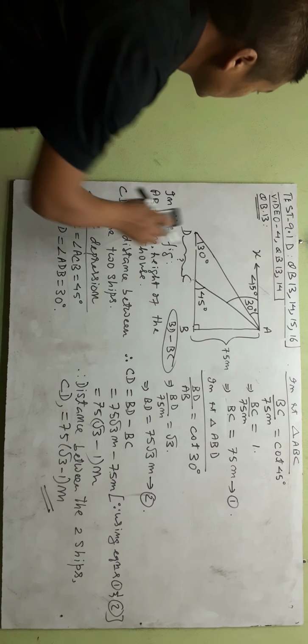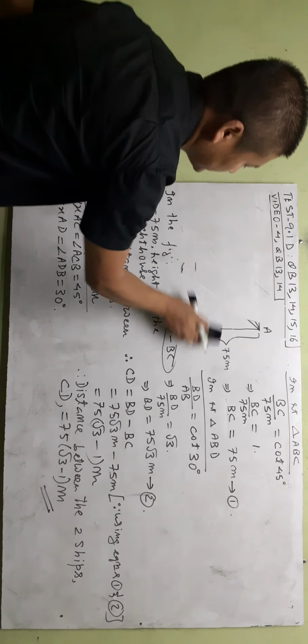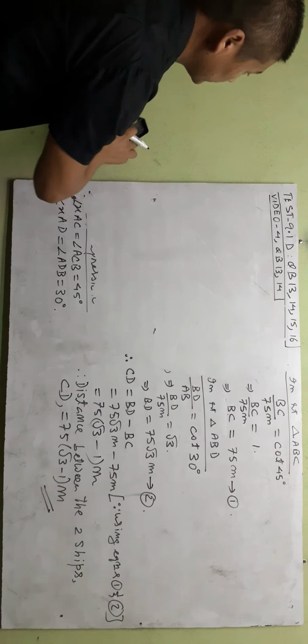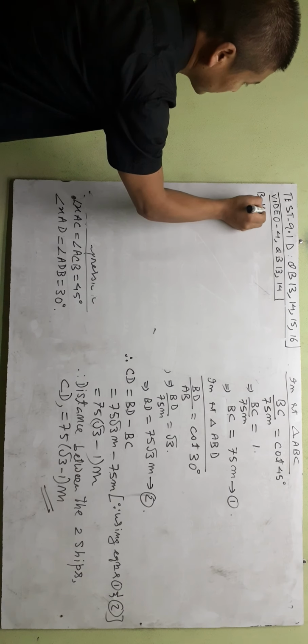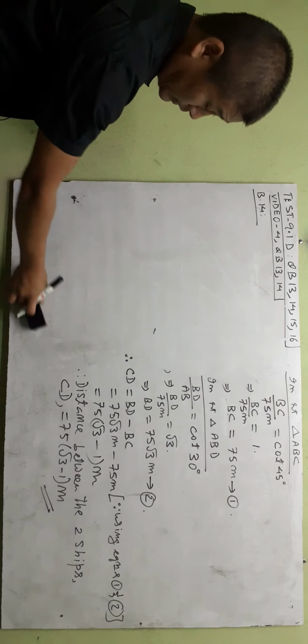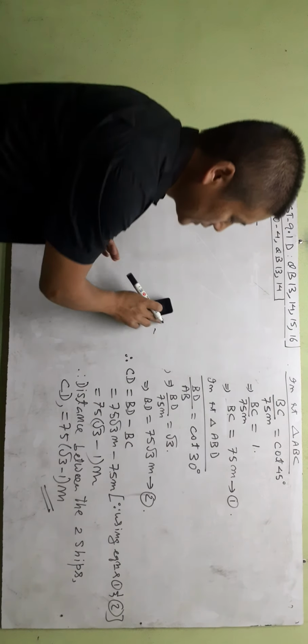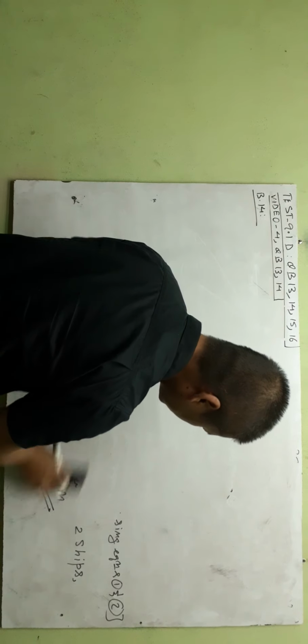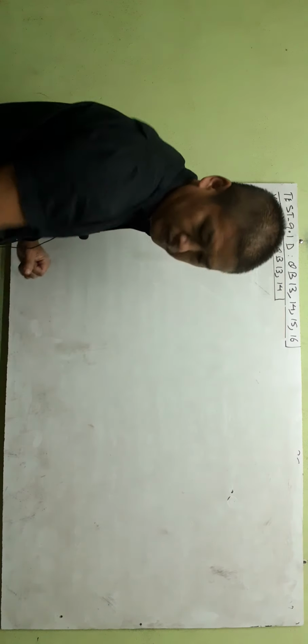So here next we'll go to B14. Now B14 looks complicated and long, okay, but it is quite simple if you think carefully. So listen carefully to the video. So here let me read the question for us.